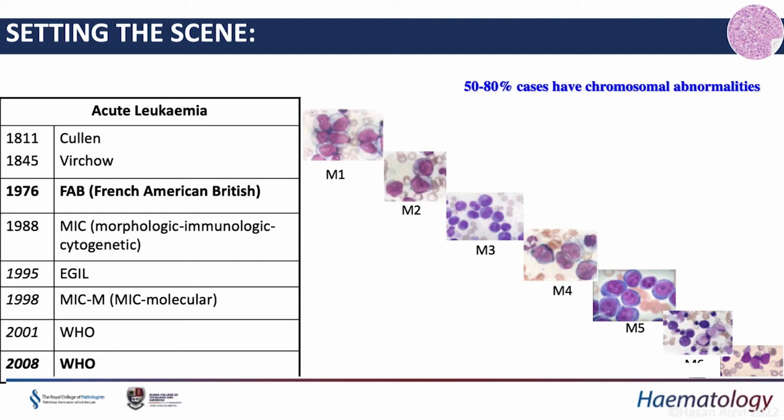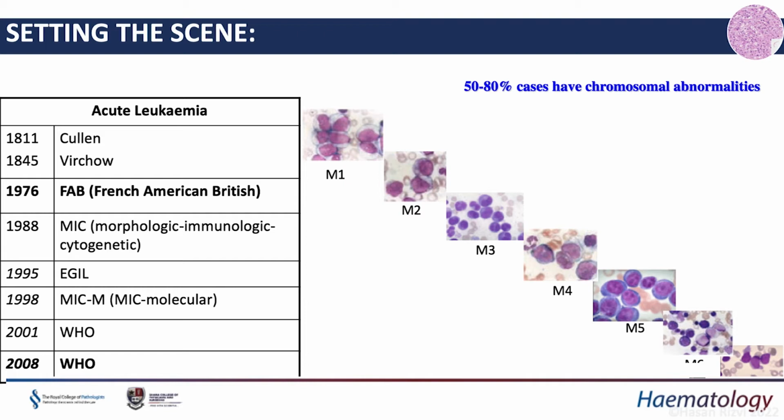When we think about cytochemical or morphological classification, we think about the French, American, British classification in hematology, the FAB classification, which came out in 1976 and described M1 to M7 morphologies, which range from undifferentiated myeloid to erythroleukemia, monoblastic leukemia, and megakaryocytic leukemia.